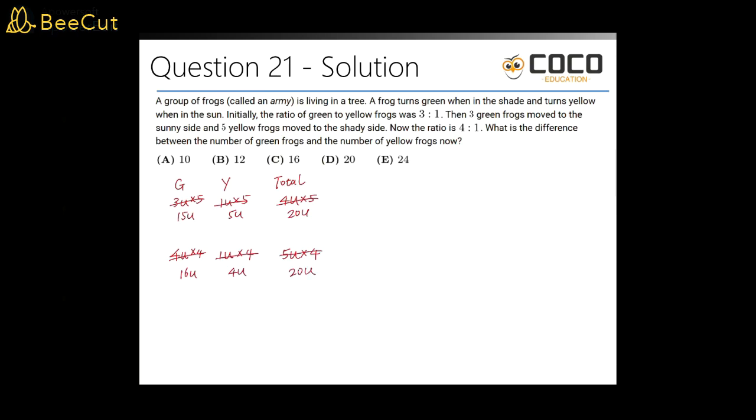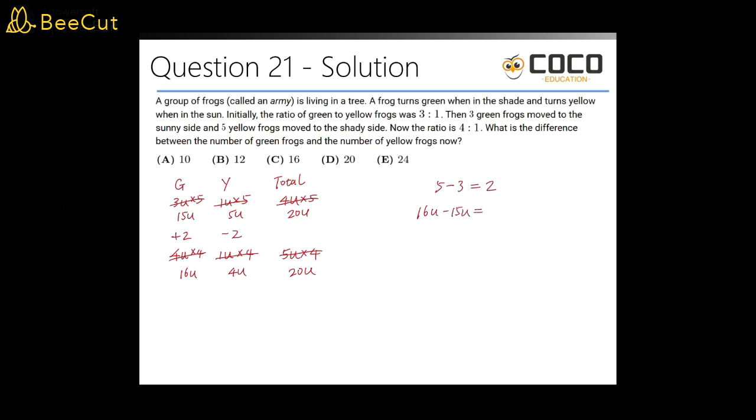Now let's check for the changes. So it says that 3 green frogs becomes yellow, 5 yellow frogs becomes green. So afterwards we have 2 more green, plus 2 for the green, minus 2 for the yellow. So we can find that 1U is 2.